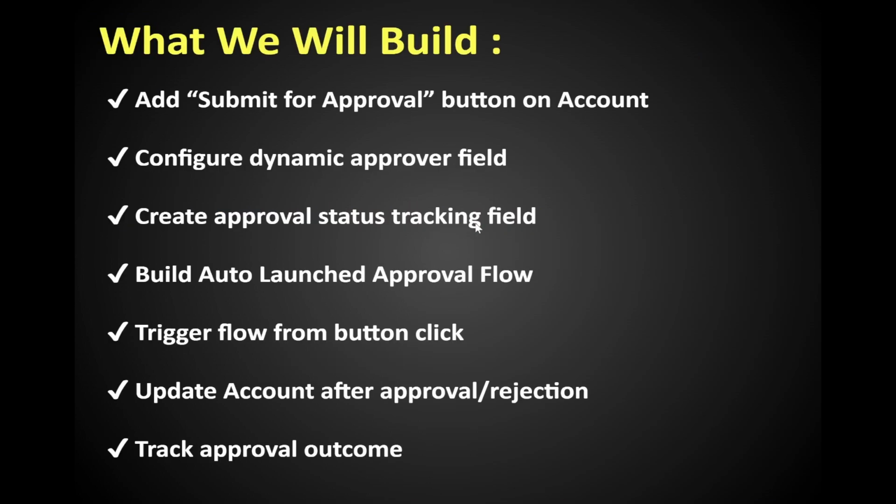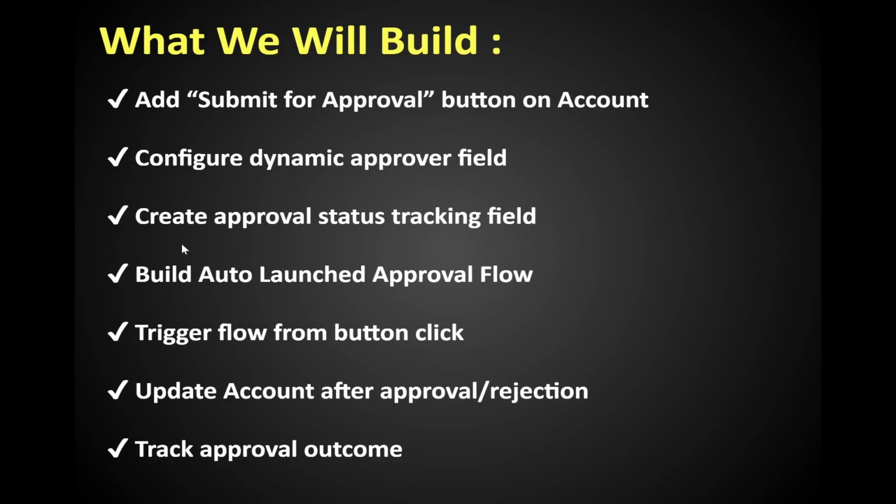So here you can see we are going to cover these steps in the demo. First, we will add a submit for approval button on the account record. Then we will create an approver field which will dynamically decide who should receive the approval request. Then we will also create a status field to track the approval state.